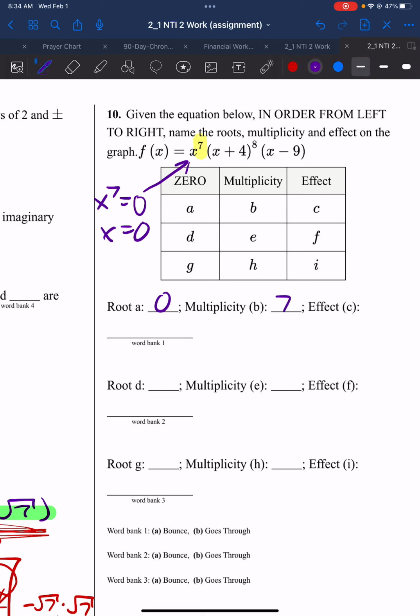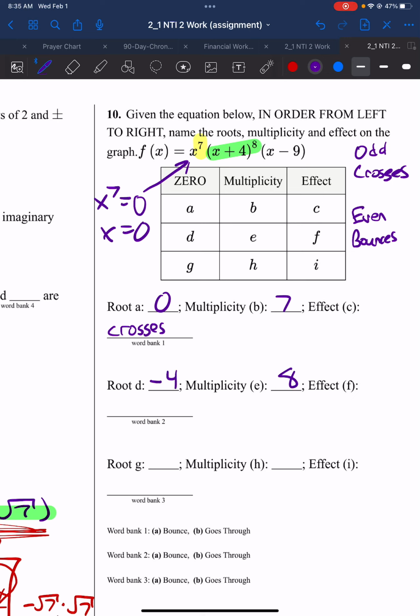So 7, and then odd, remember, for multiplicity, odd crosses and even bounces. So this would be crosses. And then for this highlighted in green, my root is -4, just flipping the sign.